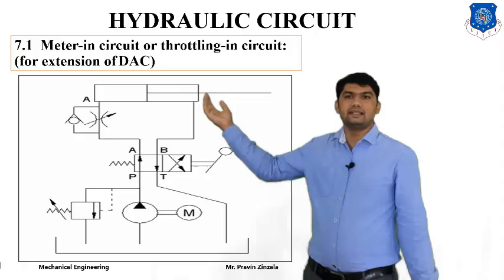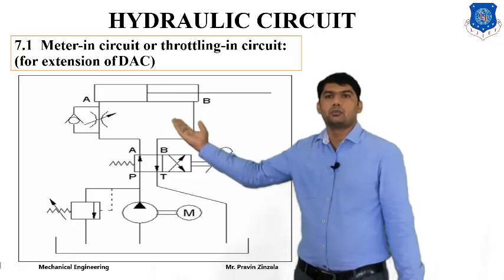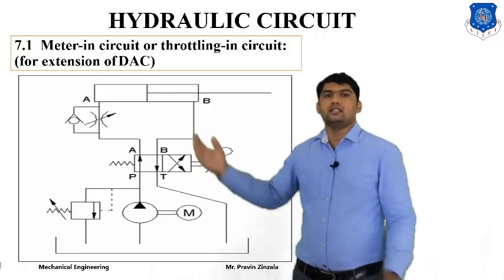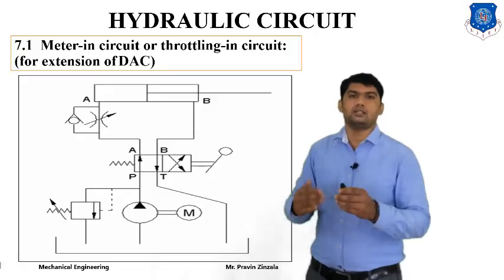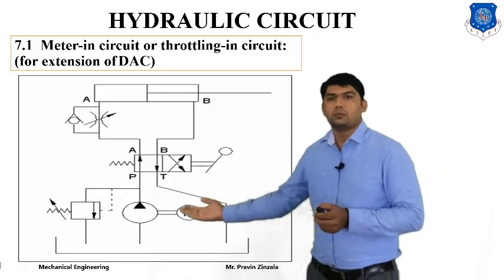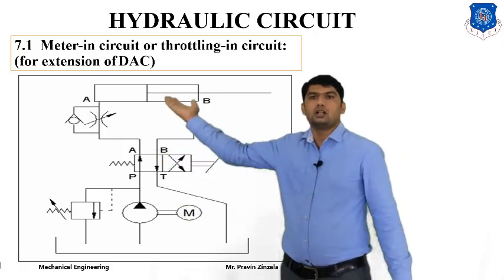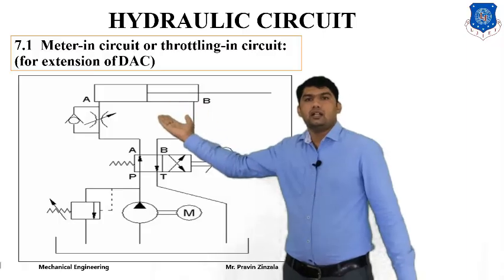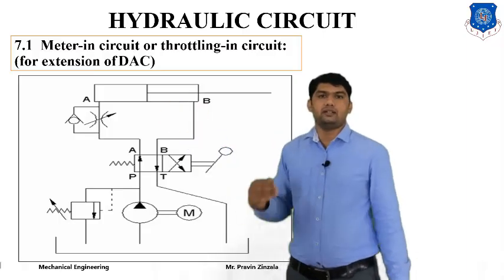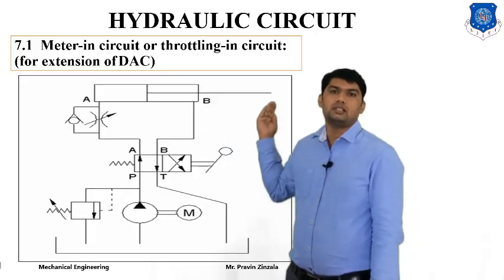This is the double acting cylinder, and this is the flow control valve, a variable restricted flow control valve, and one valve is a non-return valve. It is a combination. Whenever we start our hydraulic pump, fluid will be supplied from the pump to port A and from port A to the A side of the cylinder, and the flow control valve will restrict the flow, meaning it will restrict the extraction of the cylinder.